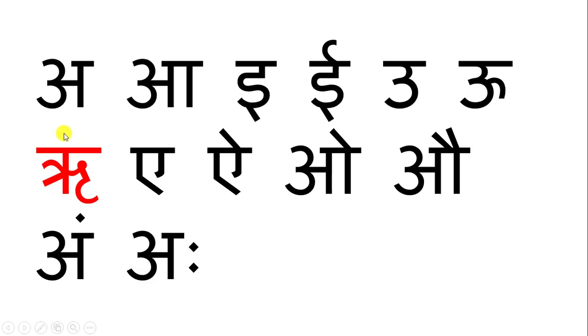So basically, if you know how to write this first vowel, you can write this similar to this. And if you cut this in half, you can write this and this. So it is very simple, right?